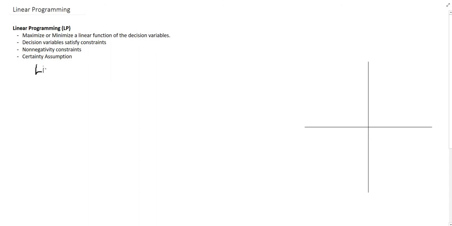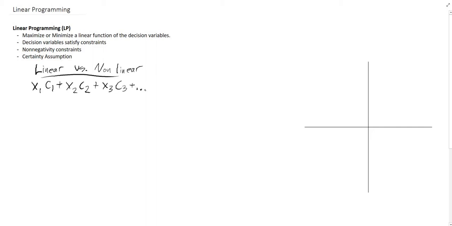So we have to look at linear versus non-linear. Of course, we have in linear anything from x1 times some constant c1 plus x2 times some constant c2 plus x3 times some constant c3.